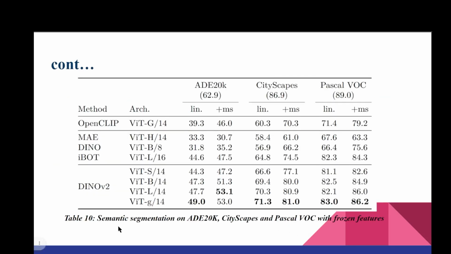Now coming to semantic segmentation, here you can see it was tested on various datasets such as ADE20K, Cityscapes and Pascal VOC with frozen features, and in most of the cases it is outperforming the SOTA models.